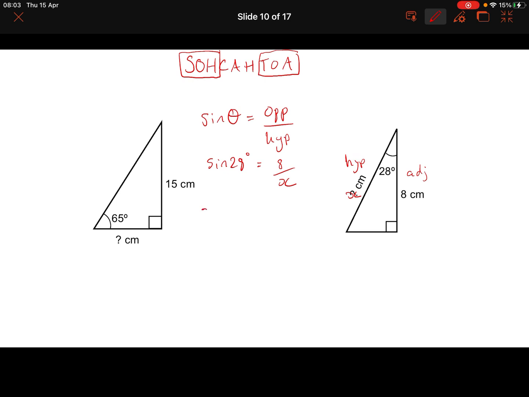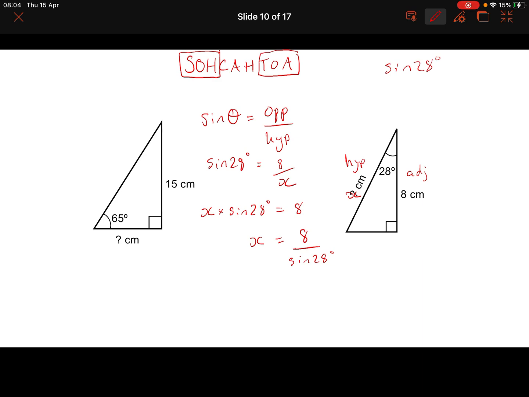So multiply both sides by x. And then divide both sides by sine 28. Sine 28 is just a number. X equals 8 divided by sine of 28 degrees. I want to be very clear. Sine is not a number. Sine is not a number. But sine 28 is a number.